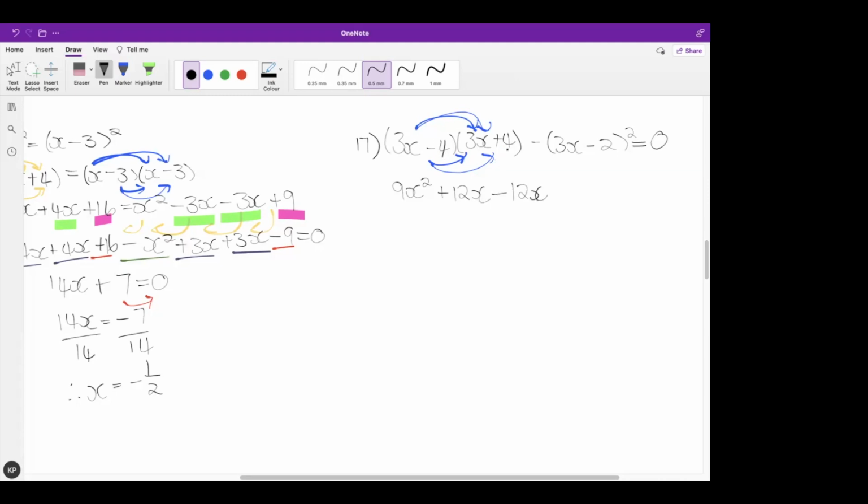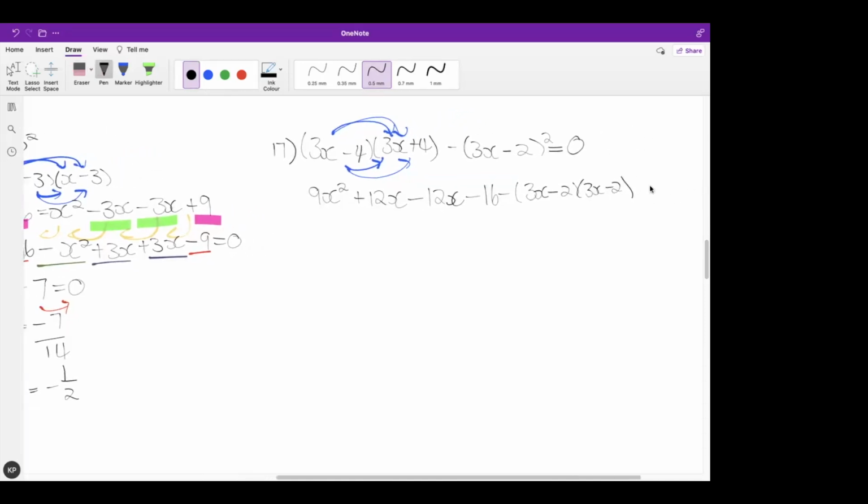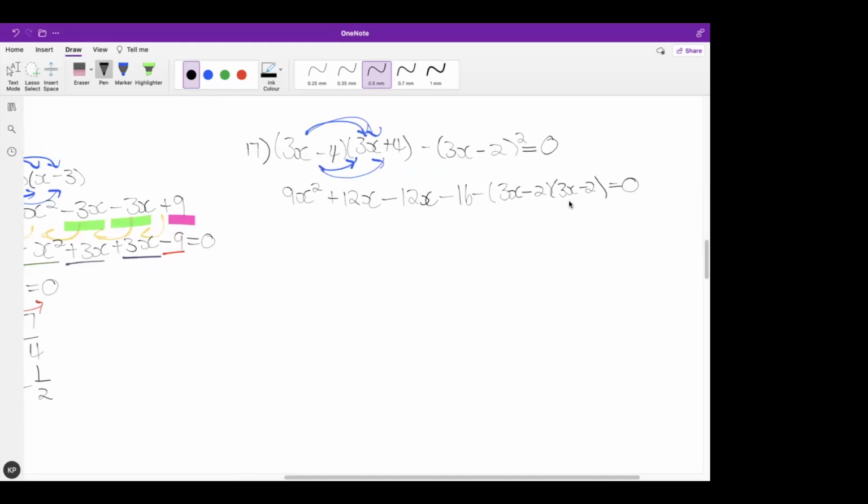And then negative 4 times 4 is minus 16. Minus. Now I'm going to expand these brackets so that I can FOIL them as well. So I'm going to write them as two brackets. So 3x minus 2 times 3x minus 2. And this is all equal to 0.